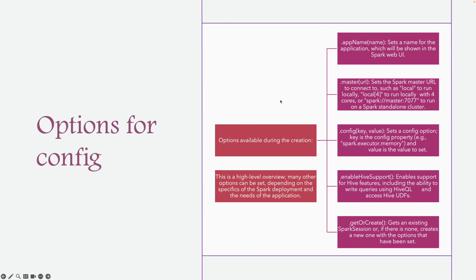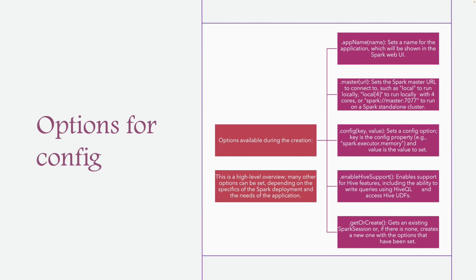There are different configurations that you can give. The basic one is app name, as we have already seen, and then master, which we have seen in the previous presentation, where we usually set the Spark master URL to connect to, like whether you want to run it in a local mode on your local computer, or you might want to run your Spark application in a remote cluster of resources, like a local server that you installed at your home.